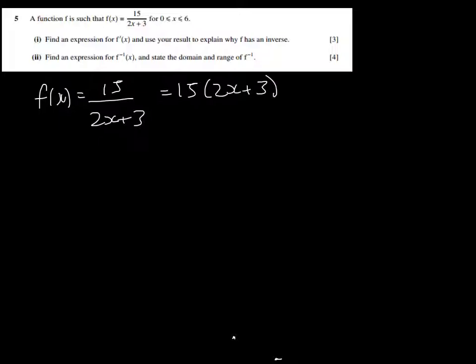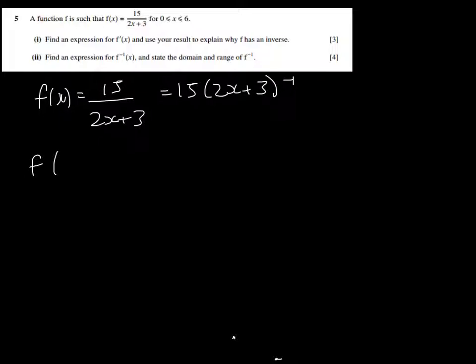So let's do this. So my f of x, let's start off with that. And because I'm going to differentiate it, I'm going to rewrite that with a negative power, so negative 1 there.